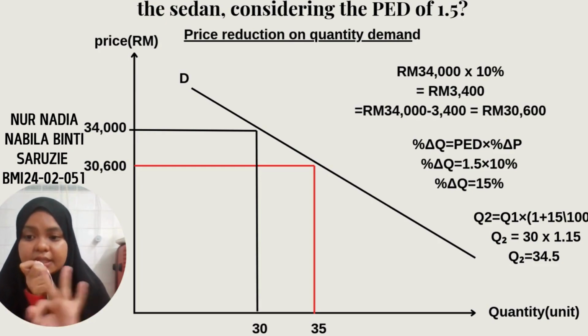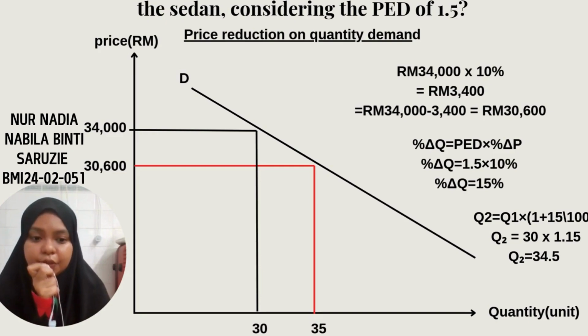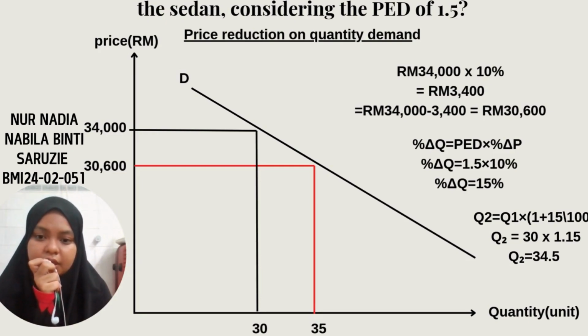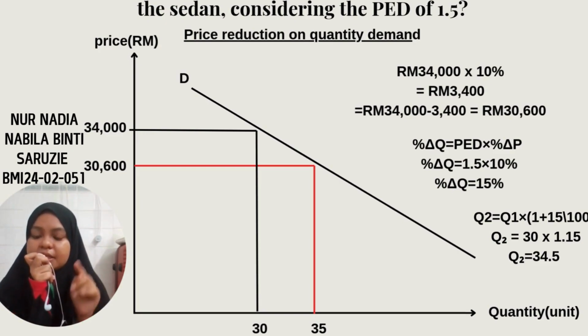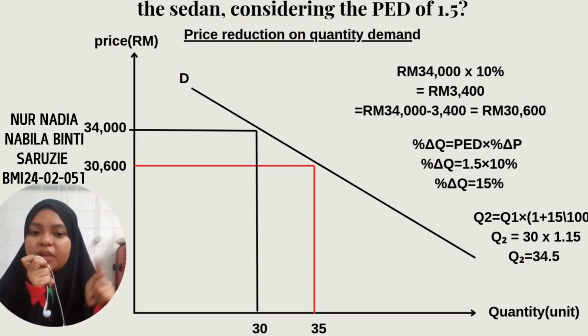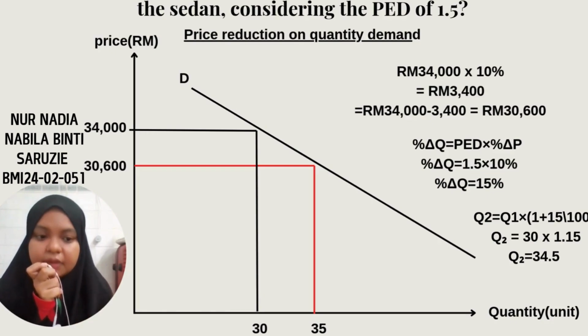The third step is to calculate the new quantity. So the new quantity is 30 times 1.15, which equals 34.5, or we get it as 35.